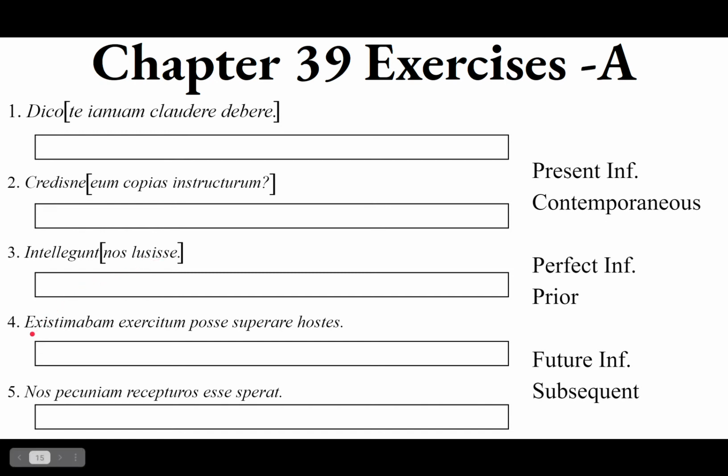Quarta, sententia quarta. Existimabam exercitum posse superare hostes. So existimabam, first person singular imperfect active indicative of existimo, existimare, existimavi, existimatus. I was knowing, thinking, supposing.